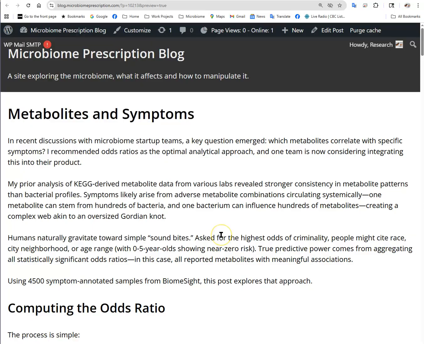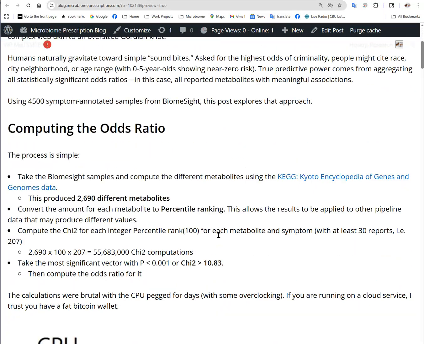So we have around 4,500 symptom annotated samples from monocyte and this process.